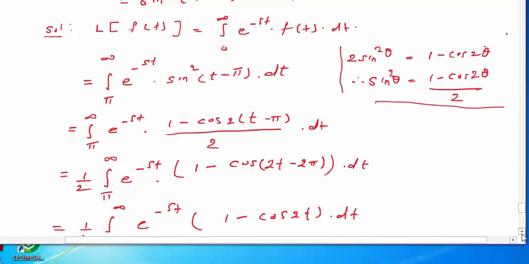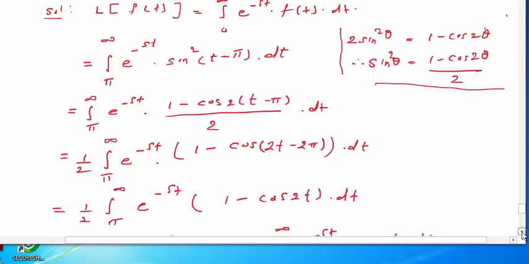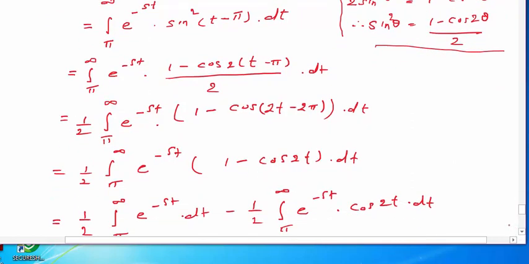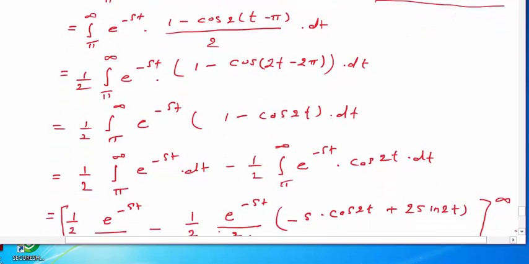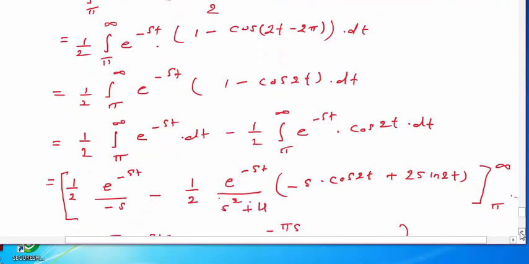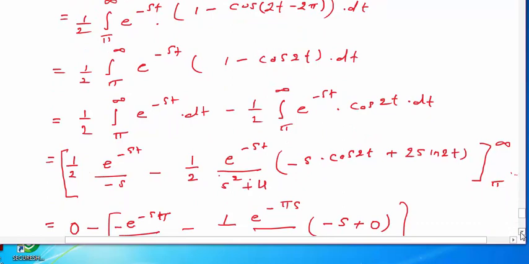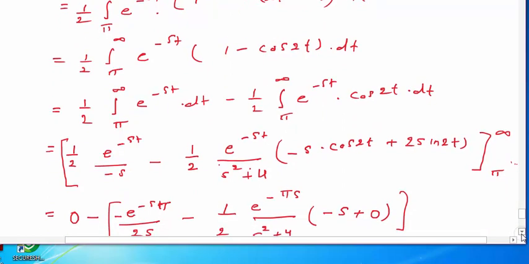Now the value of 2 pi is 360 degrees, it is a complete circle. So we have the formula that cos (theta minus 2 pi) or (2 pi minus theta) is the same as cos theta. So therefore it will become half the integral from pi to infinity of e raised to minus st into (1 minus cos 2t) dt. We will open the bracket and split the limit as half the integral from pi to infinity of e raised to minus st dt minus half the integral from pi to infinity of e raised to minus st cos 2t dt.